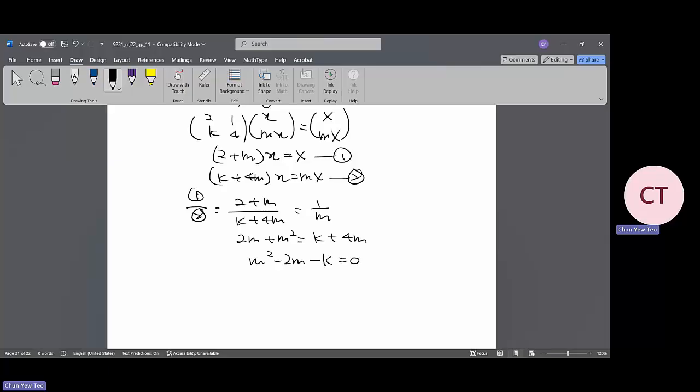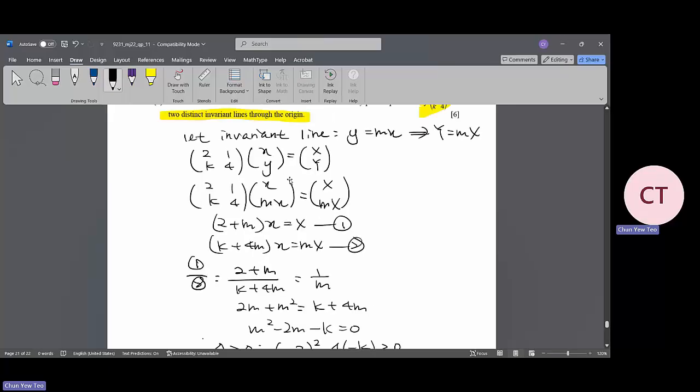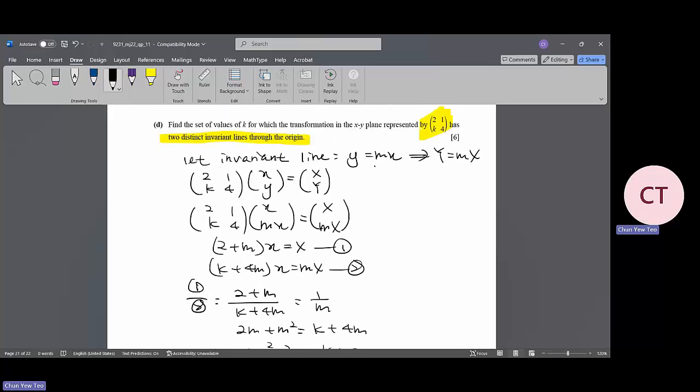So in order to have solutions, your discriminant must be greater than 0. That means your negative 2 squared minus 4ac must be greater than 0. So it will be 4 plus 4k greater than 0. Your k must be greater than negative 1. But there's a tricky part over here, because we do not want our determinant to be equal to 0.